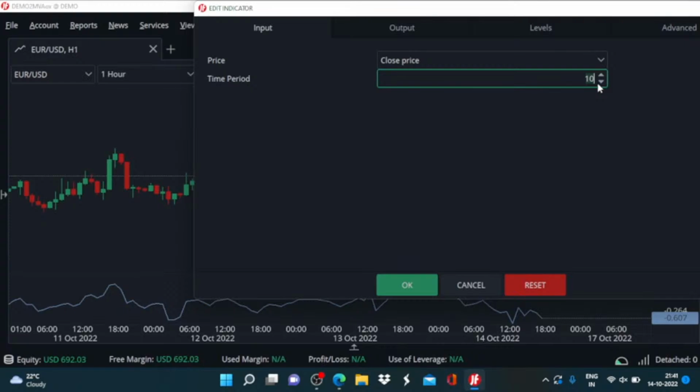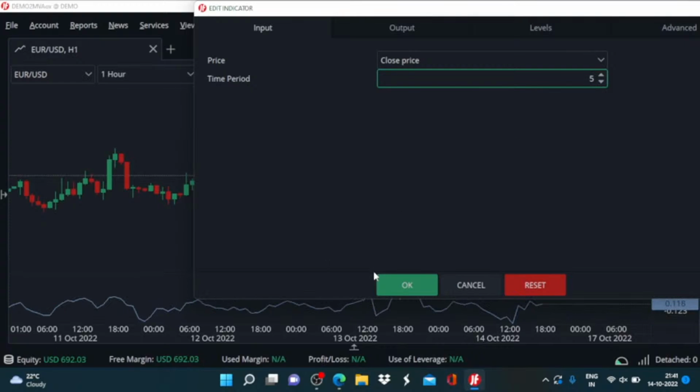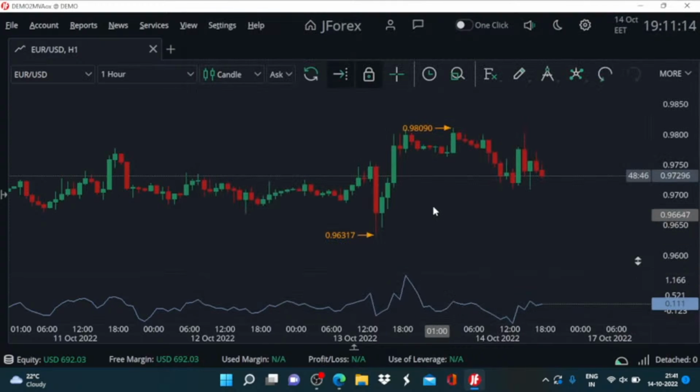The calculation period can also be varied if you simply want to take into consideration the price rise or price decline over the shorter duration of time. Then it is better to use a lower time frame for this calculation. Now here I am using simply 5. So the last 5 candles are being taken into consideration for the calculation of this indicator.